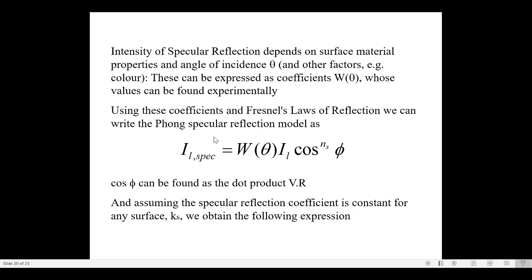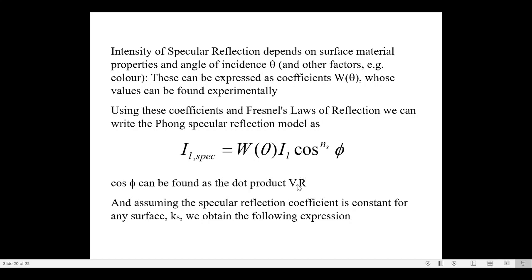As per the Phong specular reflection, we can model this as W of theta into Il into cos phi raised to ns. Cos phi can be considered as the dot product of V and R, where V is the viewing direction and R is the reflection direction.